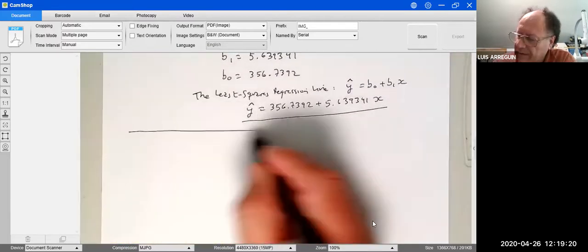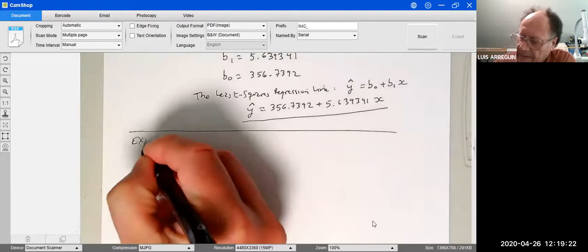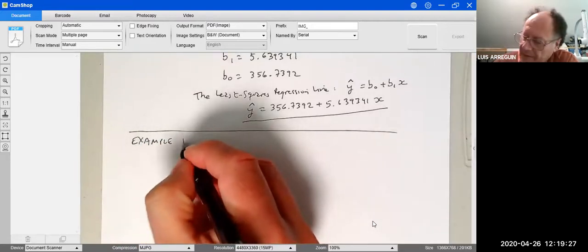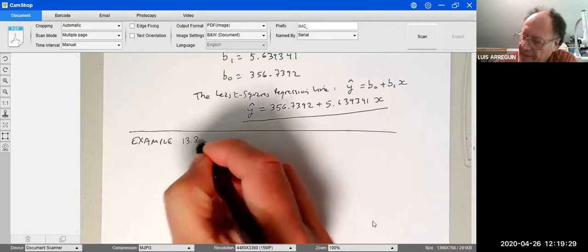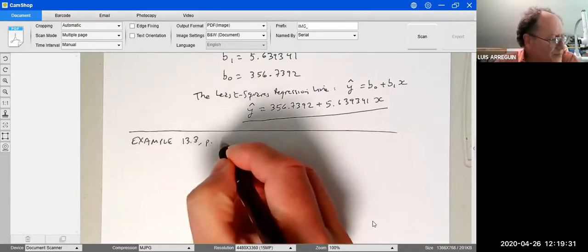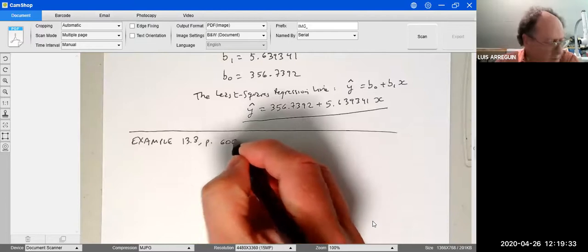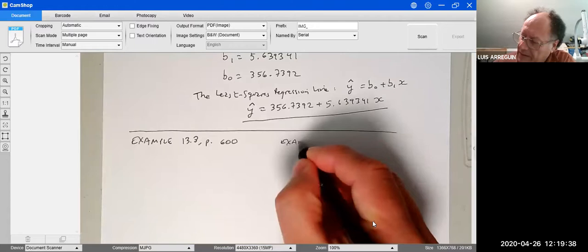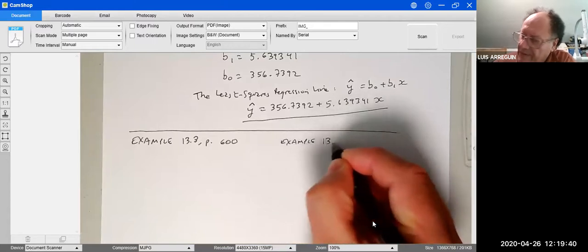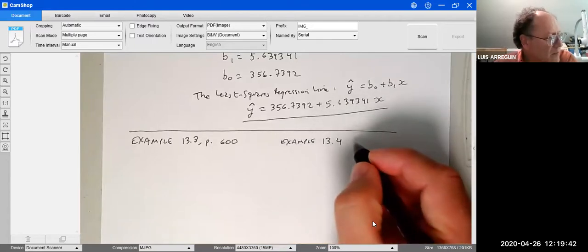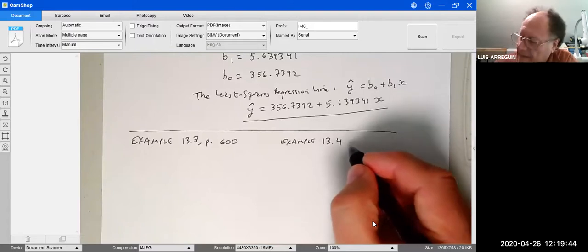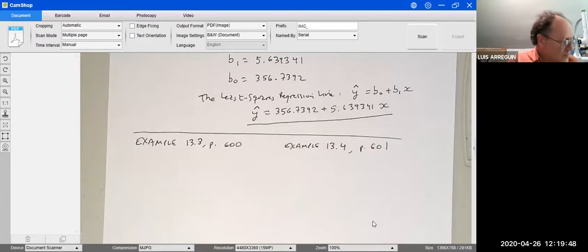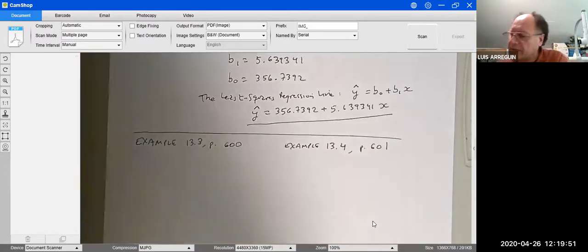So I'm going to write here example 13.3 on page 600, and I also have example 13.4 on page 601. So let's read about those problems.